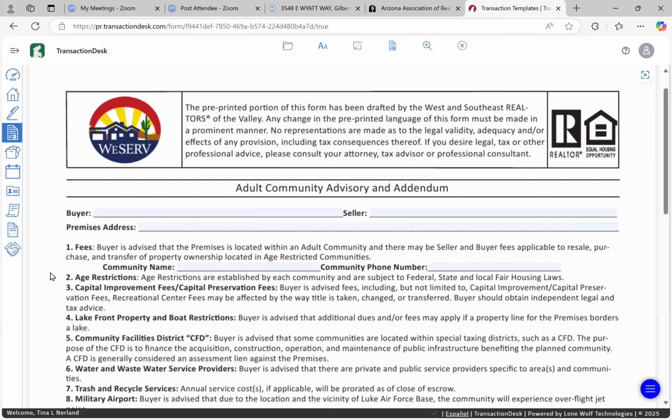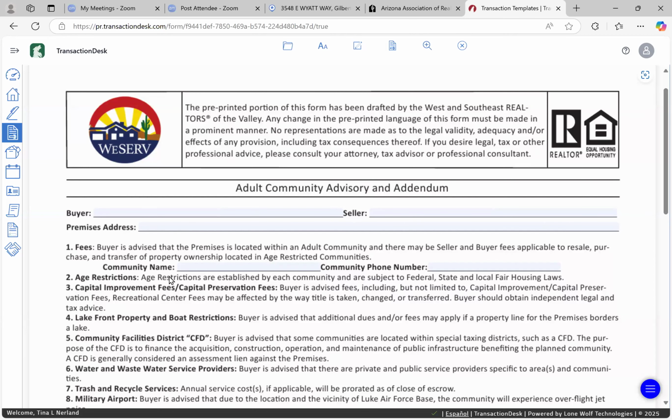Age restrictions are established by each community and are subject to federal, state, and local fair housing laws. Capital improvement fee, capital preservation fee: the buyer is advised fees, including but not limited to capital improvement, capital preservation fees, and recreation fees, may be affected by the way title is taken, changed, or transferred.